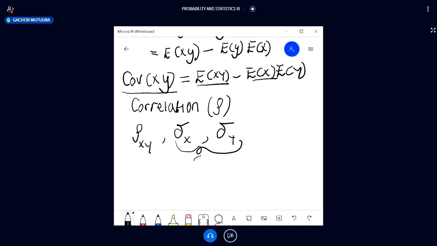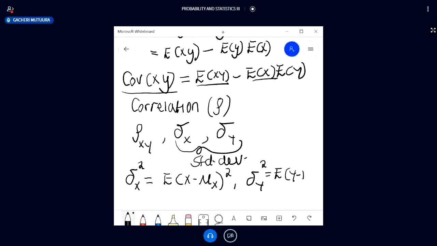These are standard deviations. So assuming you can obtain all this, we are obtaining sigma x and sigma y from the definition of the variance, where we said that if we want to get the variance of x, this sigma squared will be the expected value of x minus mu x squared, and the variance of y, from probability and statistics 2, will be the expected value of y minus mu y squared.